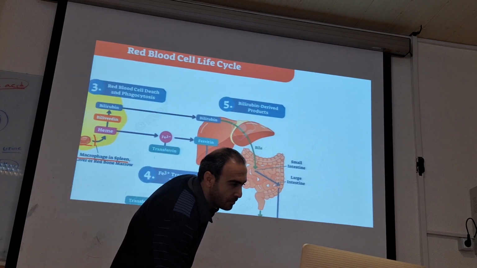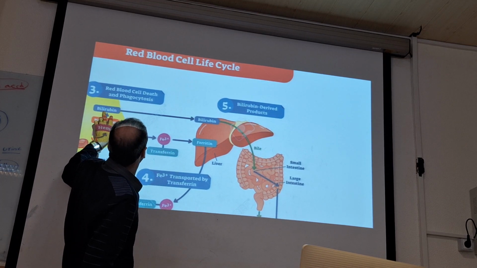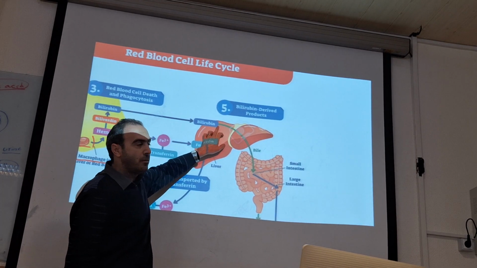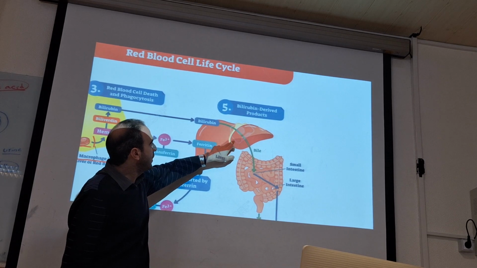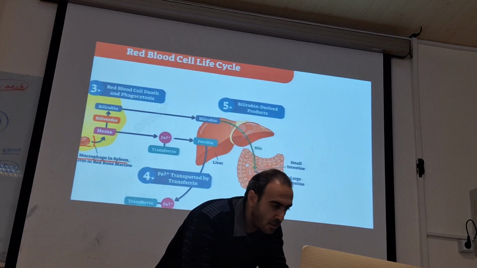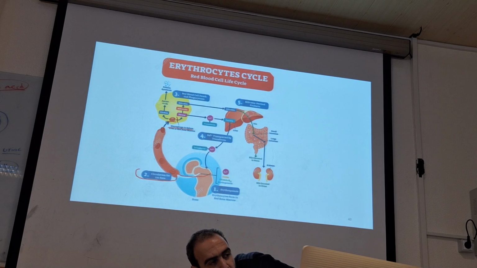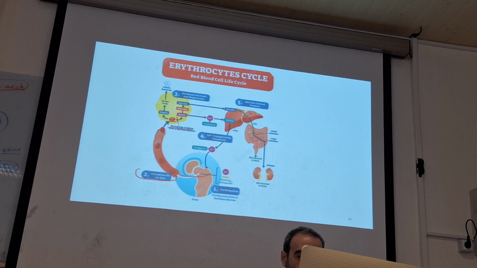But related to biliverdin, we convert it to bilirubin, and bilirubin is sent to the liver. In the liver, we conjugate it and send it to the intestine, and in the intestine we excrete it in the form of stercobilin, or send it back to the kidney and excrete it in the urine. It's the whole pathway of bilirubin metabolism.